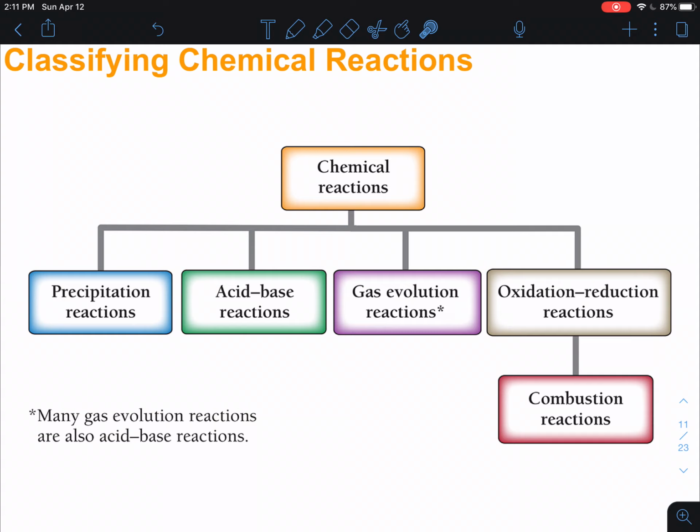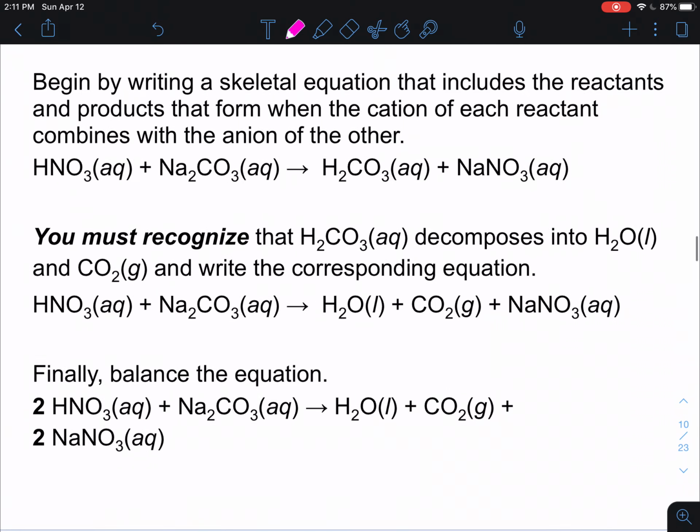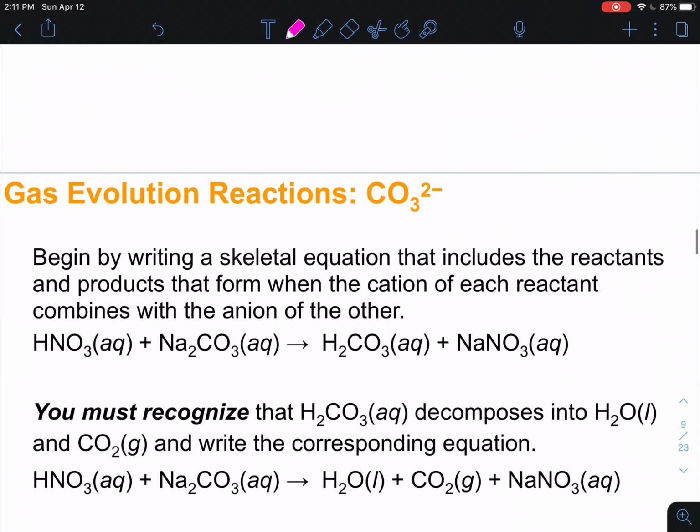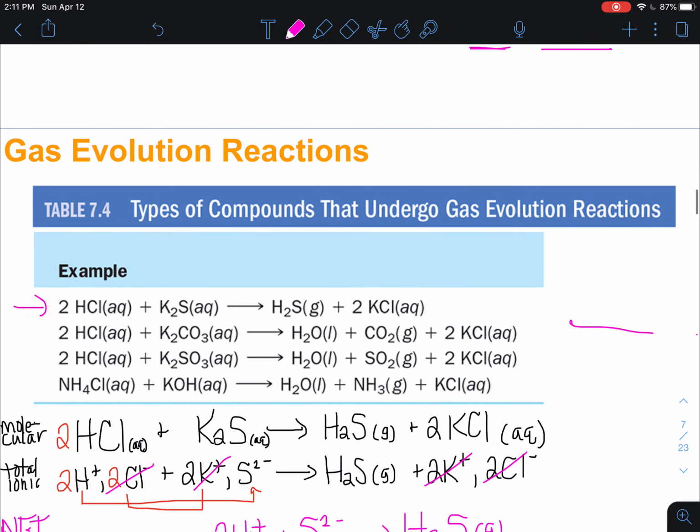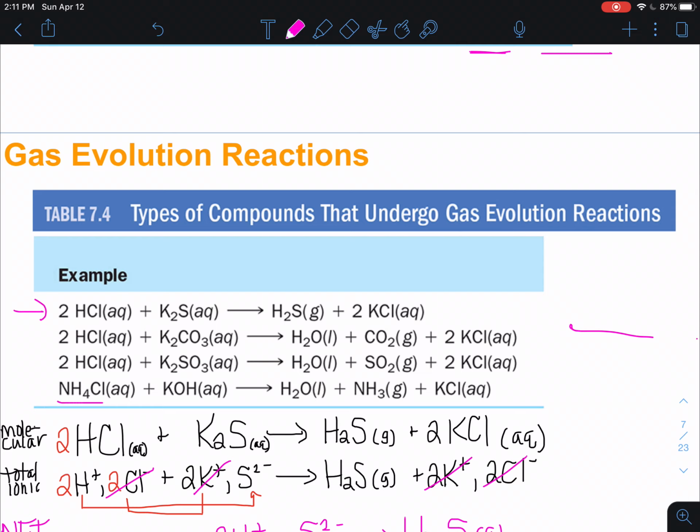We talked about color change, and we talked about solid formation, so solid formation are these precipitation reactions. Acid-base reactions can also be gas-evolving reactions as well.